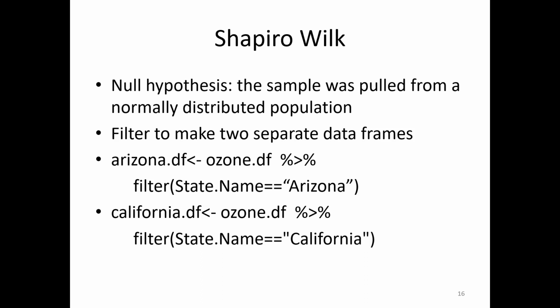In this case, just for simplicity, we could have done it a little more quickly, but I made two new data frames, an Arizona data frame and a California data frame, again using the pipe. So for the Arizona data frame, I'm assigning the ozone data frame piped, so carrying through, and now we're going to filter state name equals Arizona. Same thing with California.